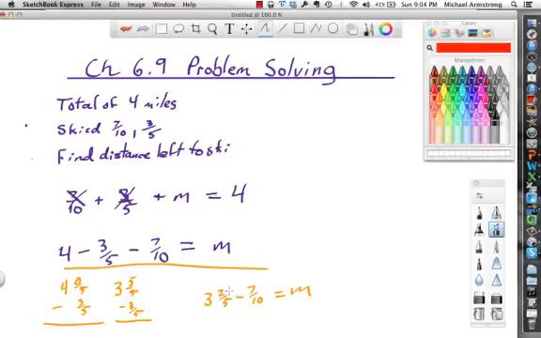So again, we have to change this. And again, we're going to have to borrow because 7/10 is bigger than what we're going to get here. But let's just go ahead and change this. 5 times 2 is 10, so 2 times 2 is 4. So this is 3 and 4, oops, not 4/4, 3 and 4/10 minus 7/10 equals M.